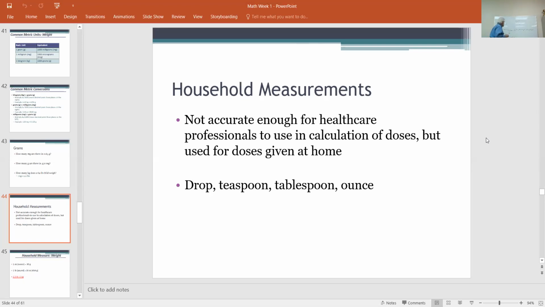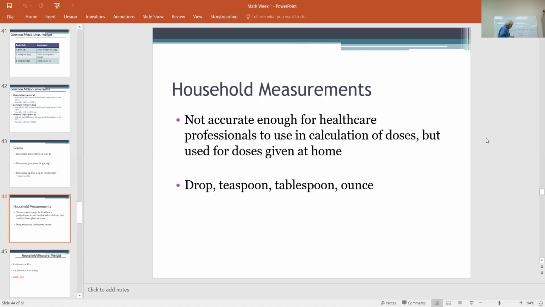In terms of weight, the household measurement is the pound, abbreviated LB. And there are 2.2 pounds per kilogram.